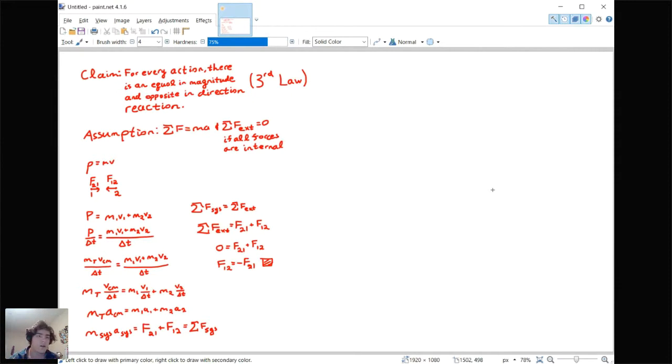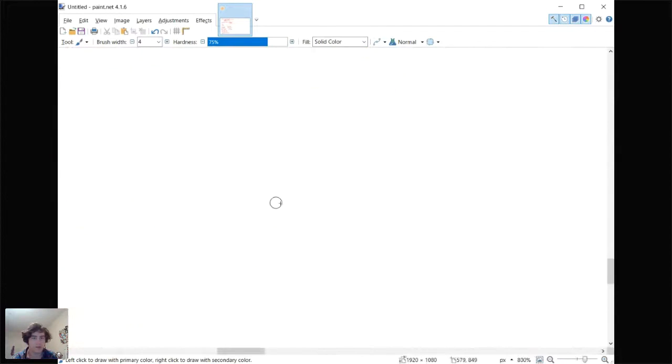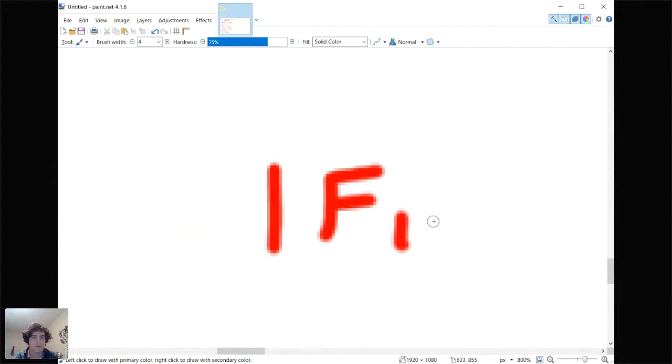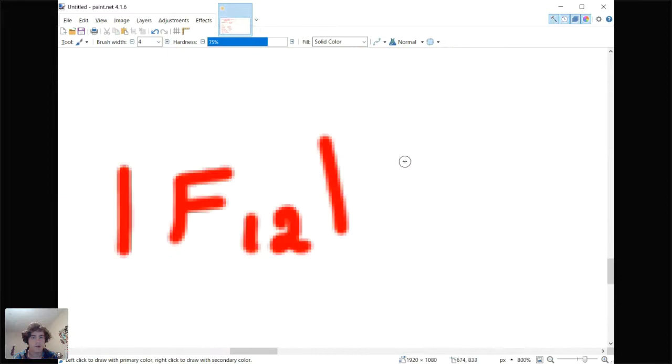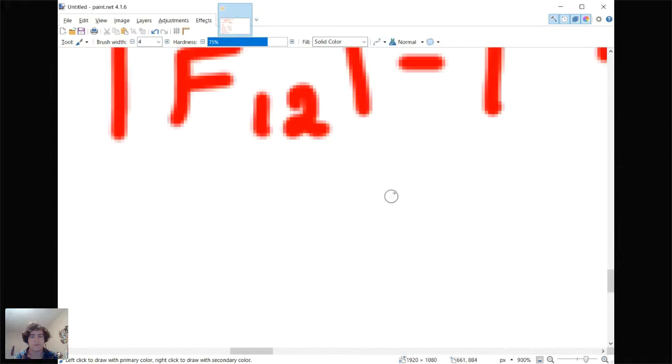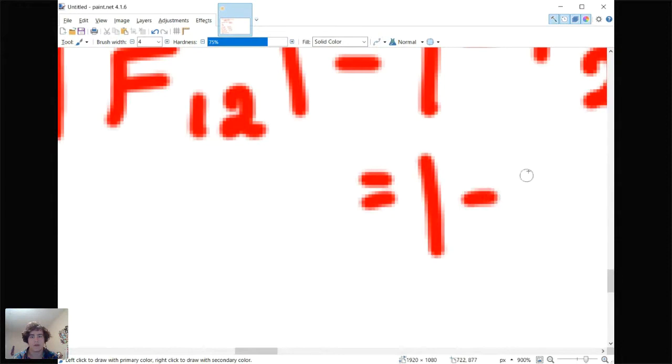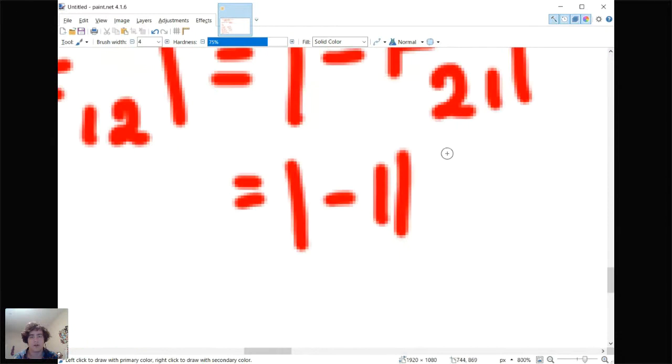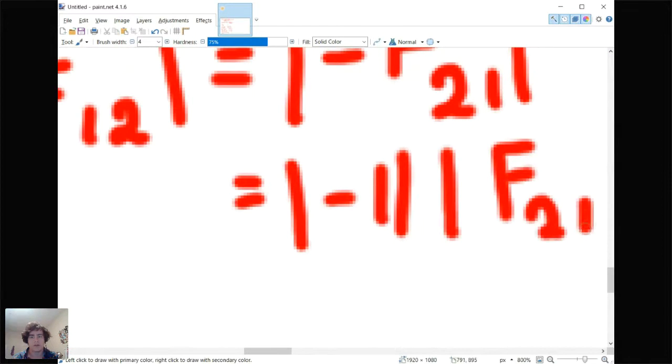So qualitatively, what that means is F12 and F21 are equal in magnitude, right? Because if we took the magnitude of both sides, if you took the magnitude of F12 and just applied magnitude on both sides, it is also equal to the magnitude of -1, assuming F is in one direction, times the magnitude of F21.